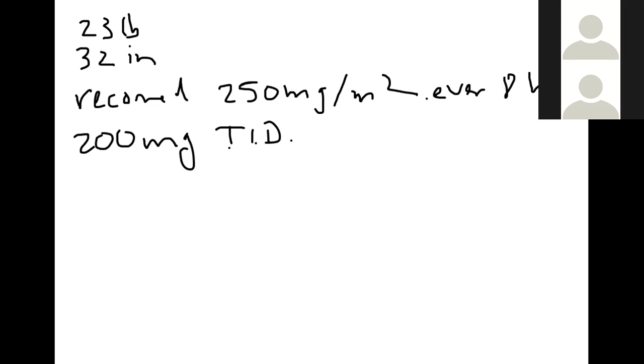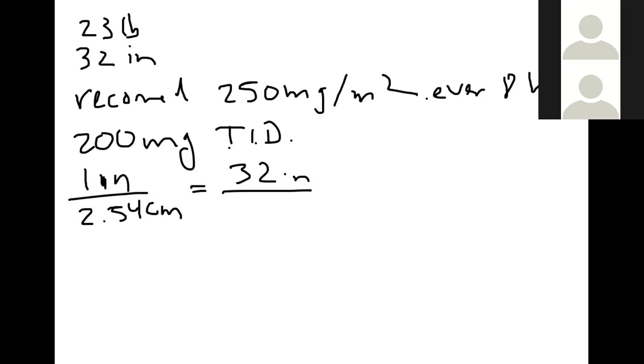So 1 inch over 2.54 centimeters equals 32 inches over X centimeters. Cross multiply. So 32 times 2.54 is equal to 81.28 centimeters.